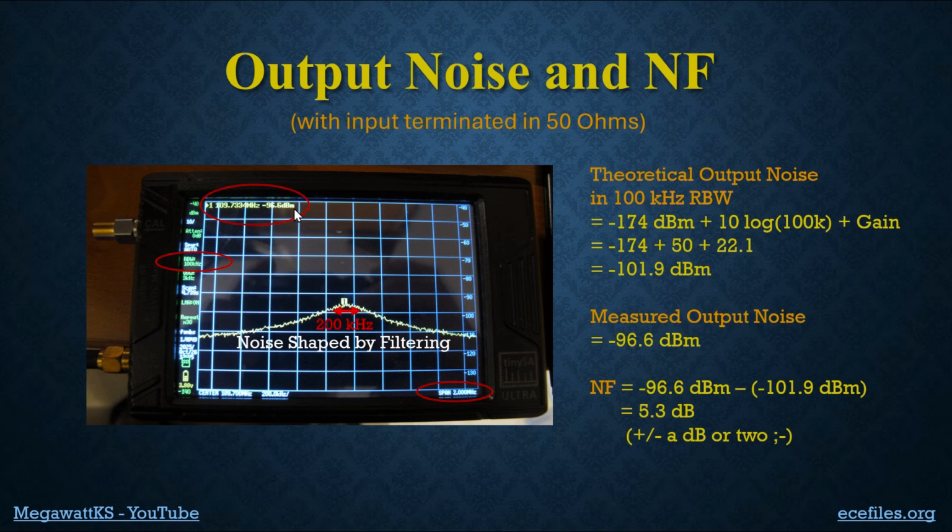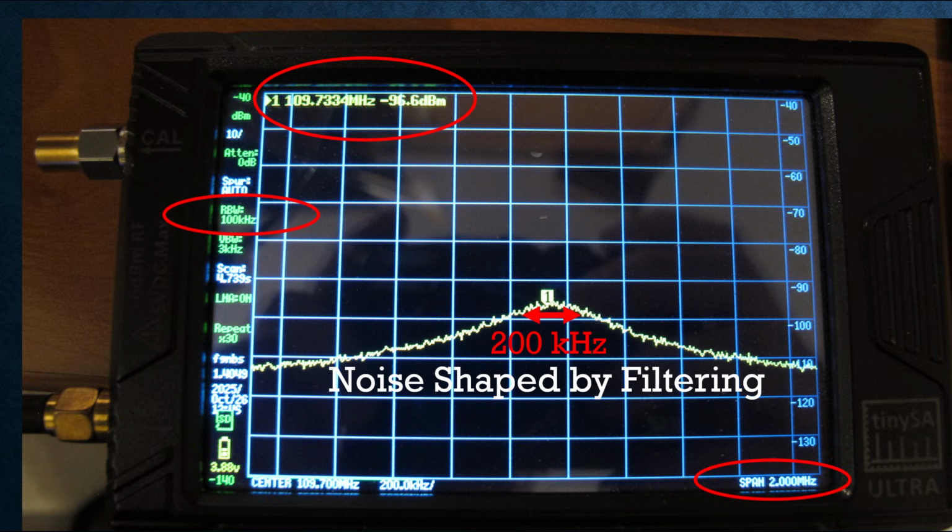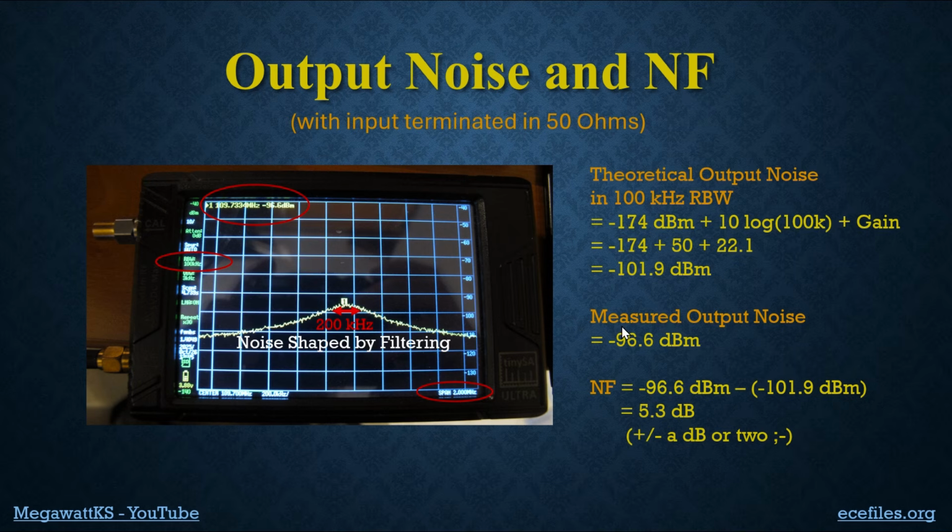What do we have coming out? Well, up here in the circled, it says minus 96.6. So I wrote that down as our measured output noise. So what's the noise figure? Well, it's simply the actual output noise minus the expected output noise. And that works out to be 5.3 dB. Again, plus or minus a dB or two because of our attenuator.